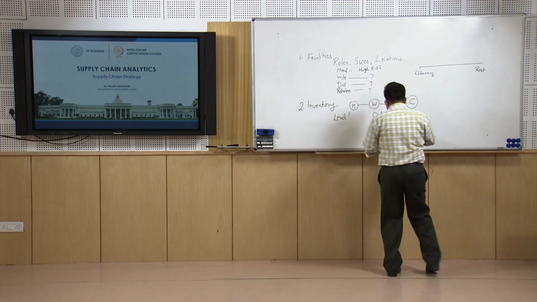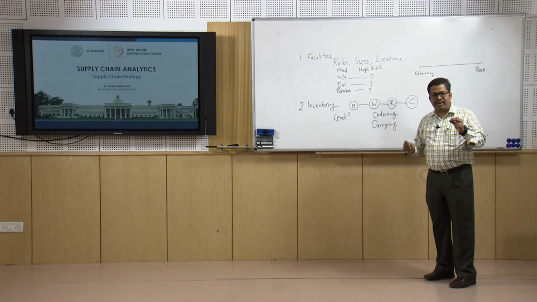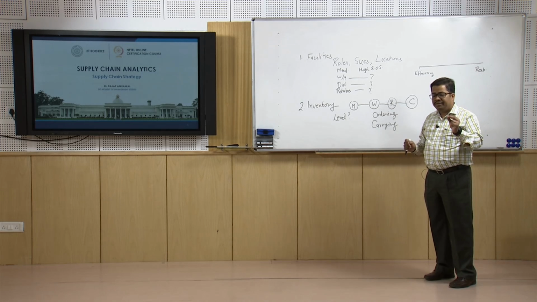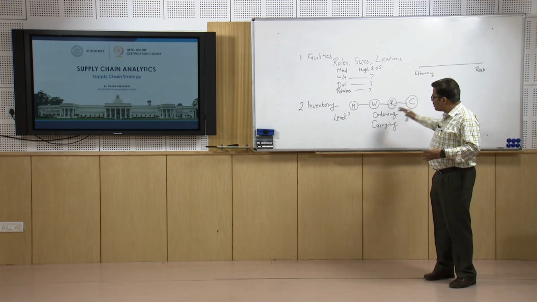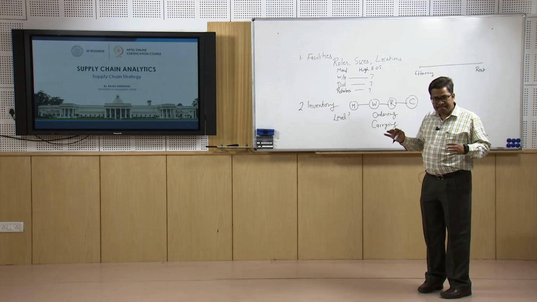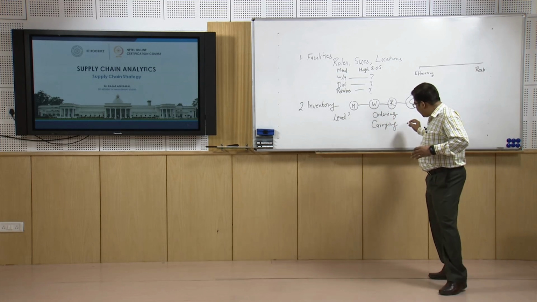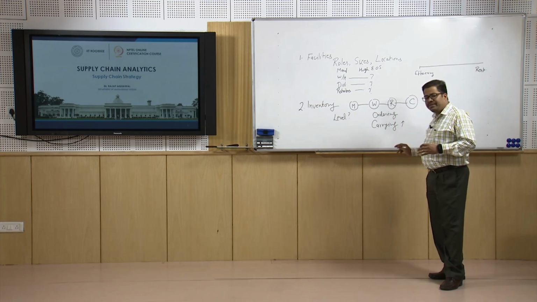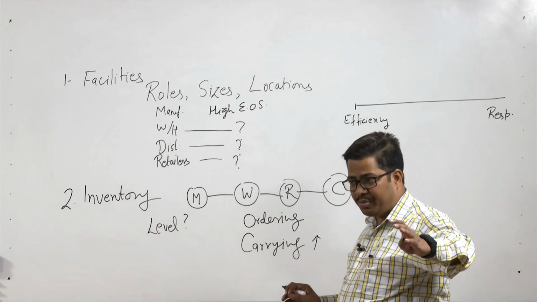The carrying cost is such a type of evil, a disease, you can say, which eats away all your profit. You have a very good supply chain, you have huge demand in your supply chain, but if inventory is not properly managed and this carrying cost is high, this will take away all your profits.